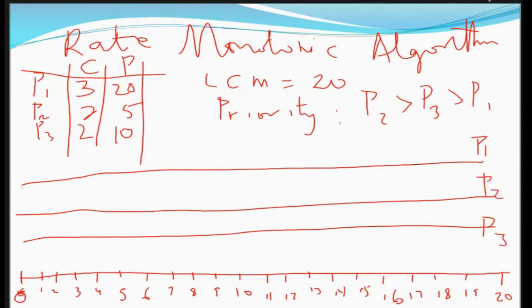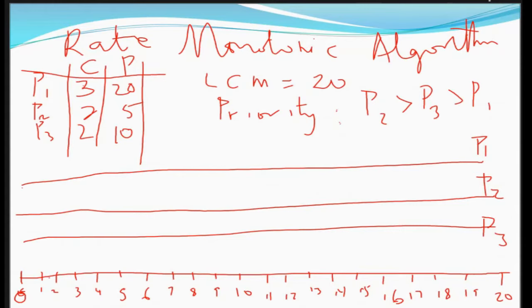Is that not so? Now, before we start scheduling, we need to check the number of cycles for which each capacity unit can be executed. What that means is that our hyper period is 20, and I need to check how much period was blocked for each of the processes. So for P1 is 20.